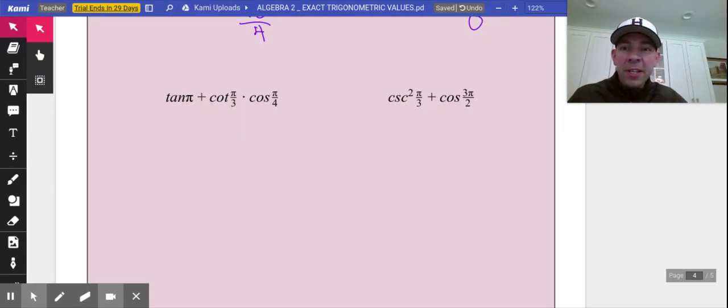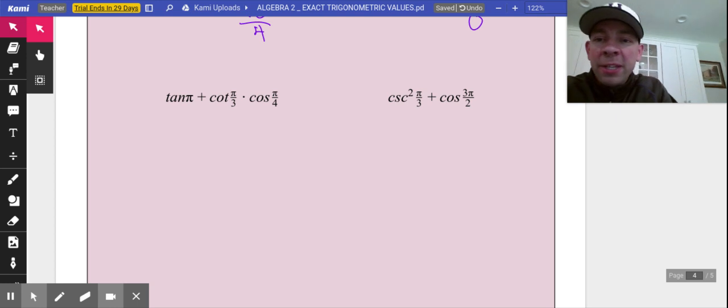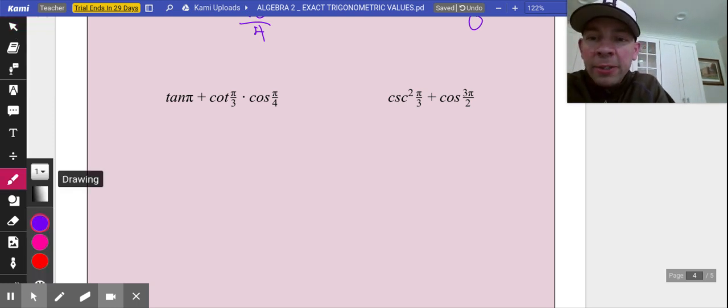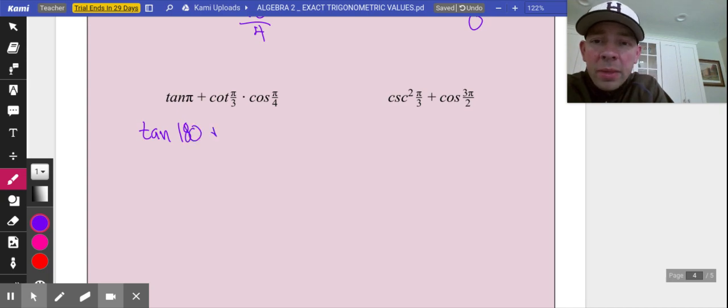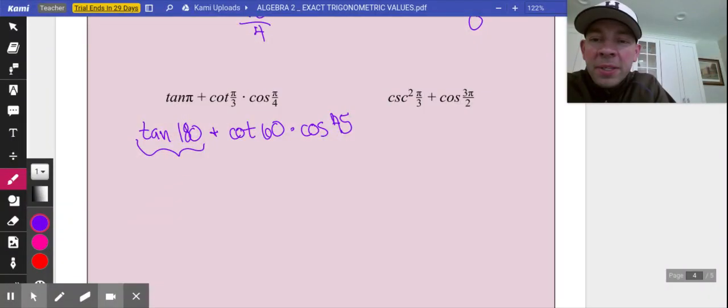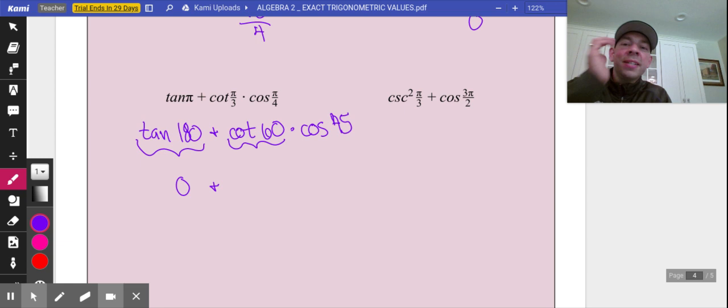So first things first, I'm just going to rewrite everything in terms of degrees, converting all these angles. So this is really the tangent of 180 plus the cotangent of 60 times the cosine of 45. All right, tangent of 180 is going to be 0. I'm going to think tangent of 60 first.